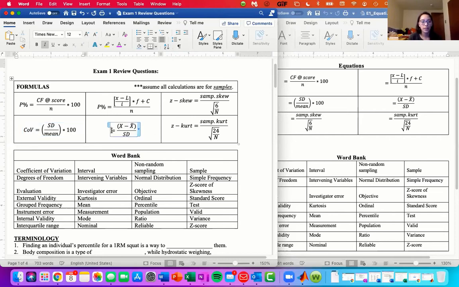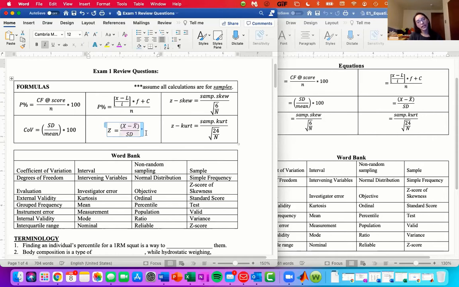And then what's this last one in the middle? Z-score. This is what we covered last time. That's the Z-score of a sample, not of a population. When we find a Z-score here, it's a sample because we have an X bar and an SD.